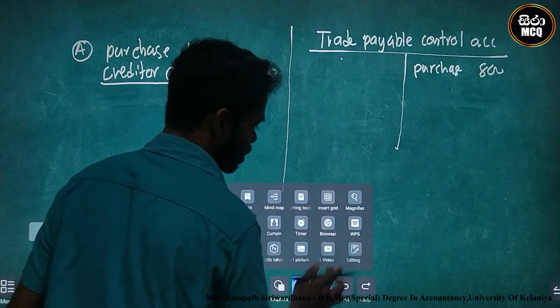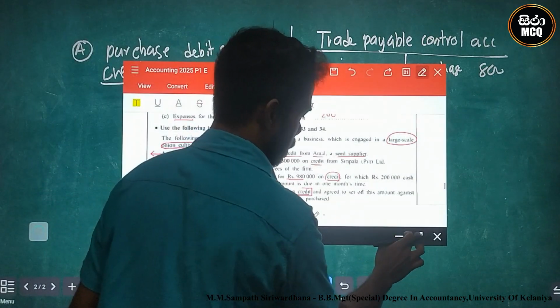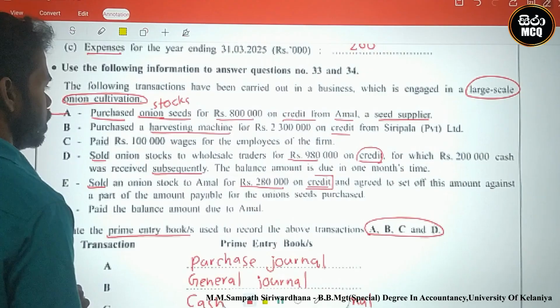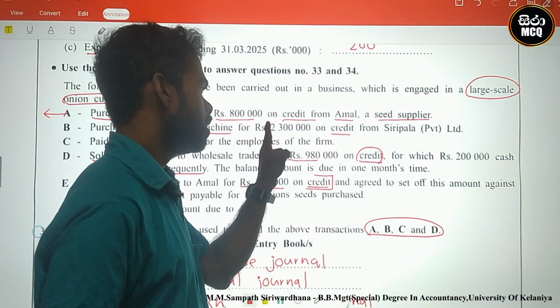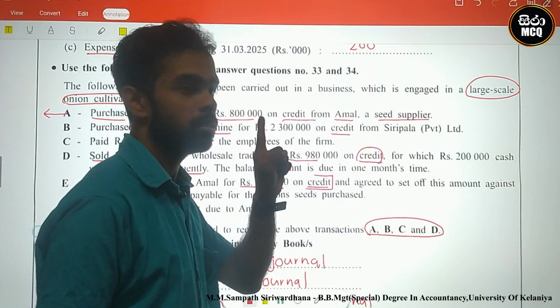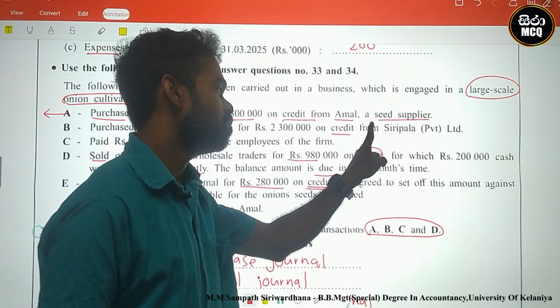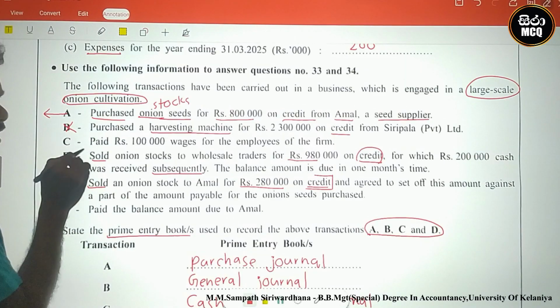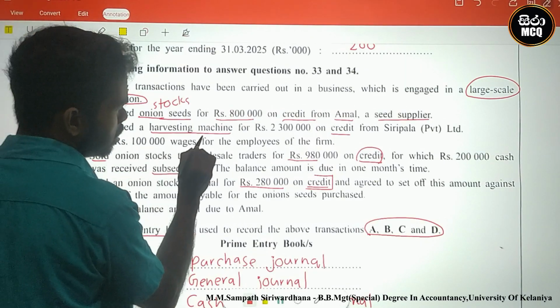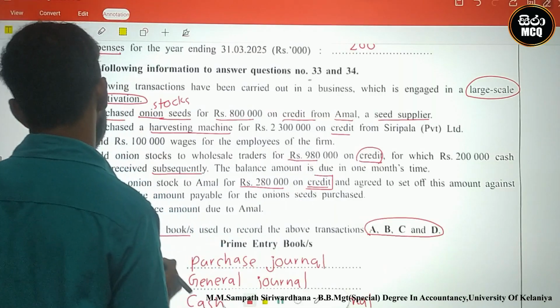Next transaction related to Amal. Look here. Purchased the harvesting machine for 2.3 million, credit from SIRA. There is a SIRA transaction, not related to Amal. Next one. Paid 100 wages for employees of the firm.